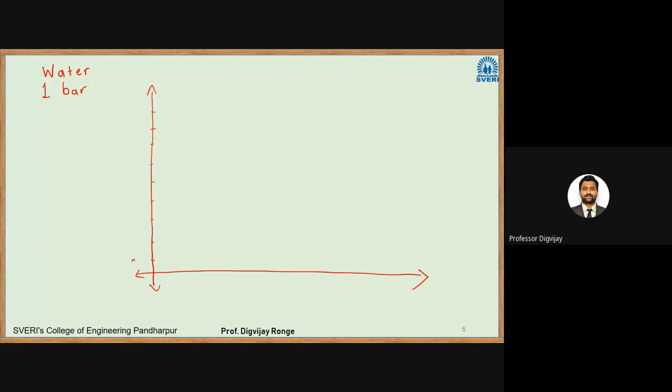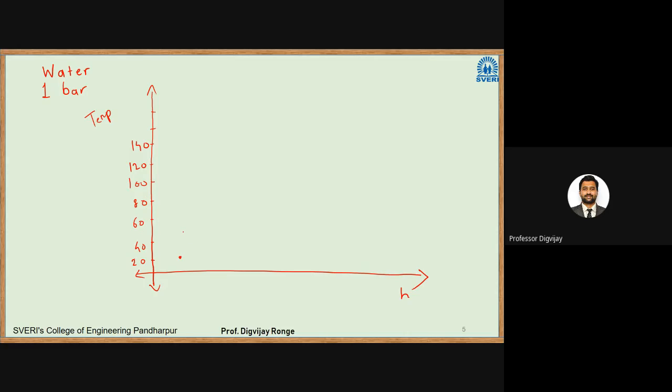Let us say this is 20, 40, 60, 80, 100, 120, 140. Let this be the temperature, so temperature versus enthalpy. Based on this, we can draw the pH diagrams. Let us assume our water is now at 20 degrees Celsius. So here it is our water.